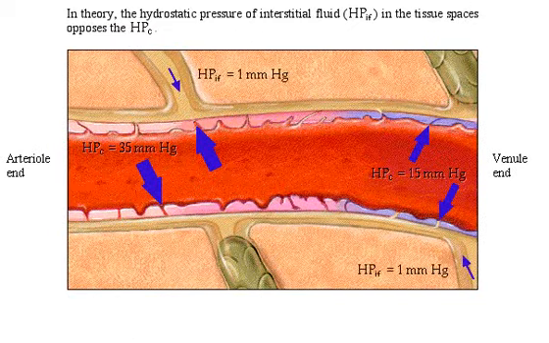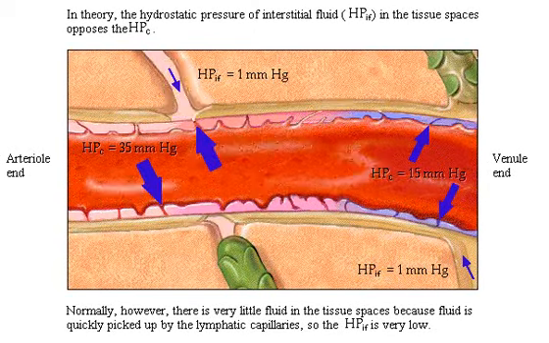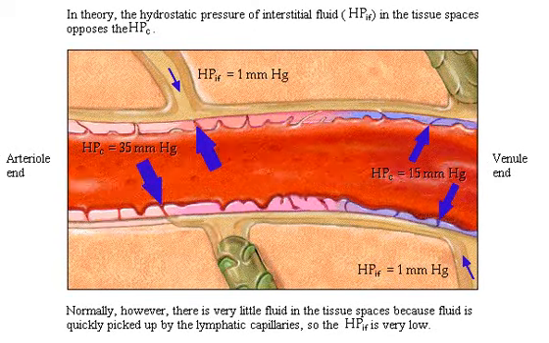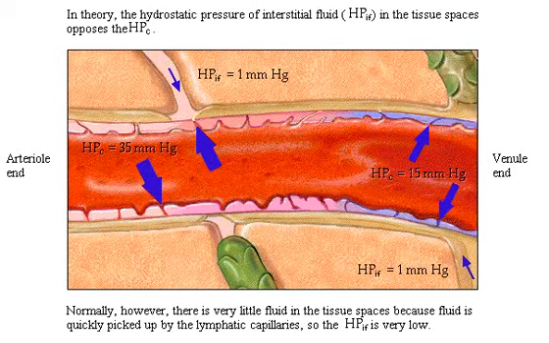In theory, the hydrostatic pressure of the interstitial fluid in the tissue spaces opposes the hydrostatic pressure in the capillaries. Normally, however, there is very little fluid in the tissue spaces because it is quickly picked up by the lymphatic capillaries, so the hydrostatic pressure of the interstitial fluid is very low.